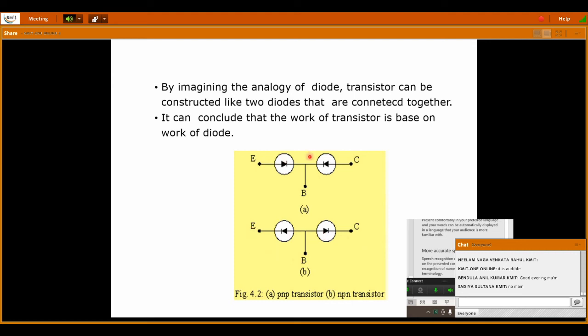But if I connect these two diodes in series, I can't form an NPN or a PNP transistor, since the doping levels are different in each region. I can't form an NPN or PNP transistor by just connecting two diodes in series.